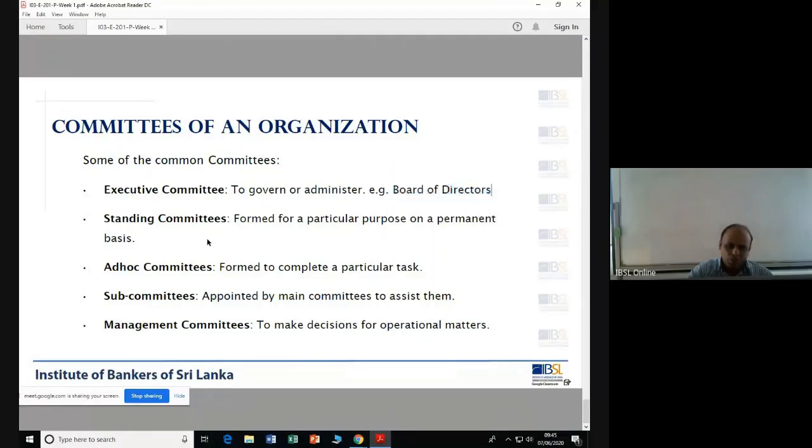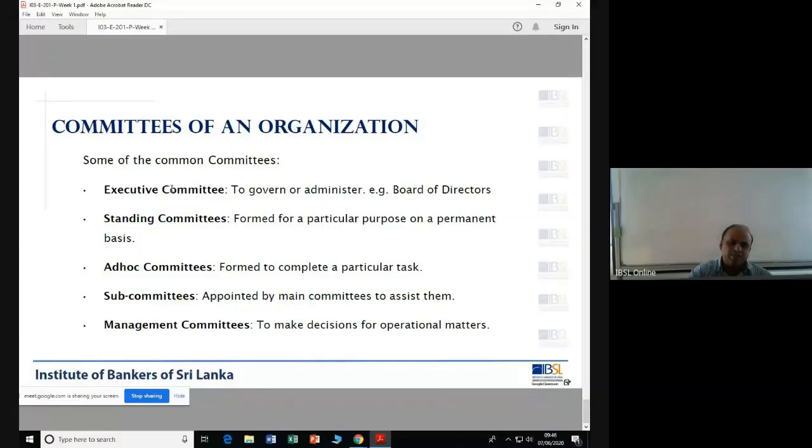The decisions for your organization are made by the board of directors, the people sitting at the top of the organization hierarchy where they make the decisions for your organization. And those decisions then come down to the bottom of the organization hierarchy through different levels to take the decisions forward into actions.